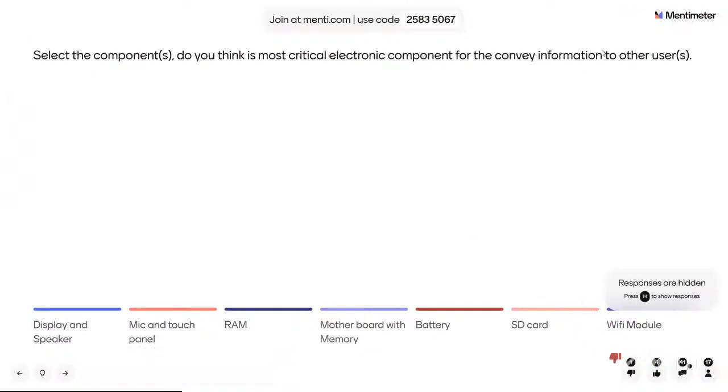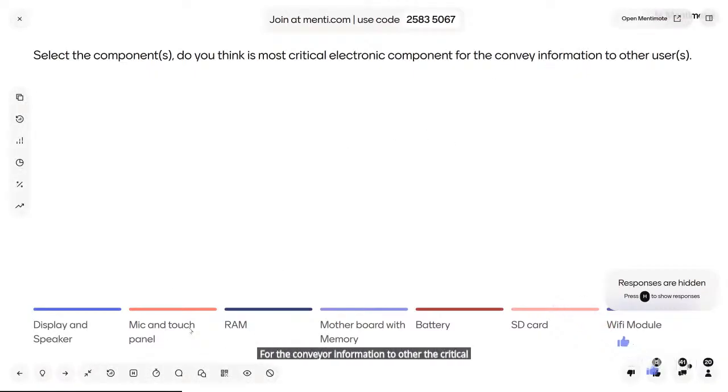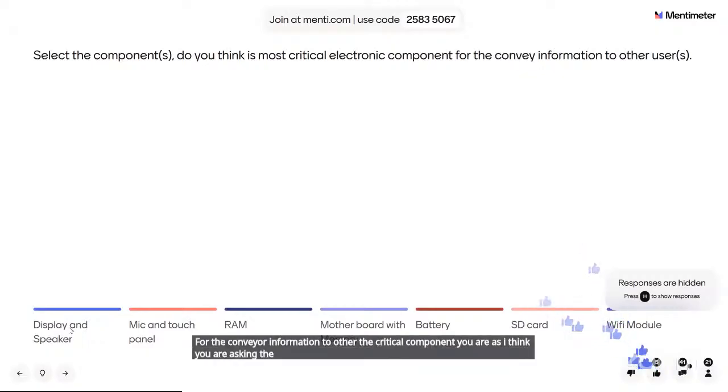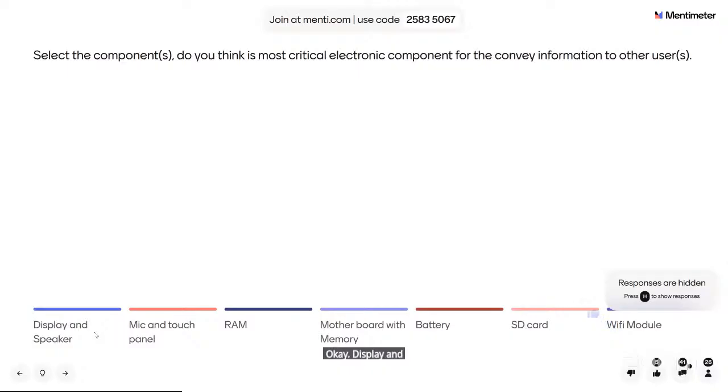For conveying information to others, I think you are saying the display and speaker. Okay, display and speaker are not used for conveying information. They are only for receiving information.